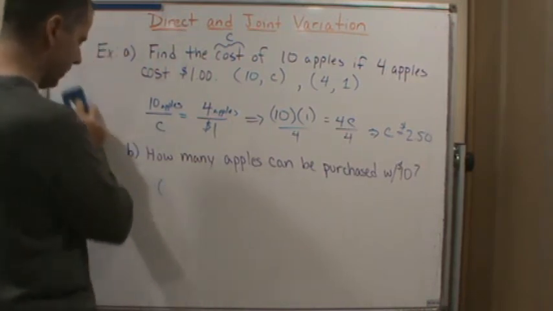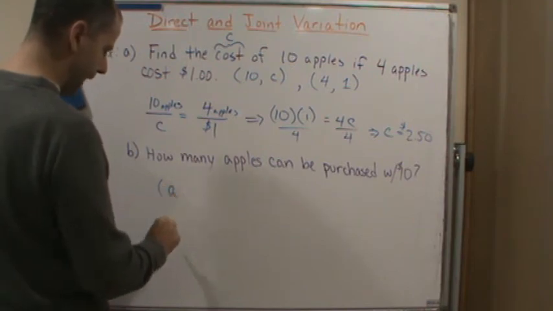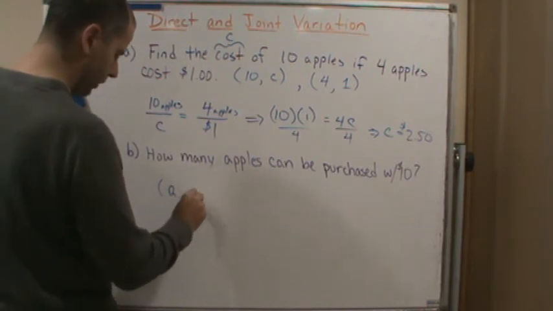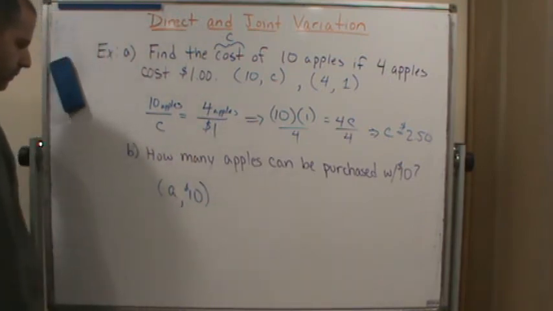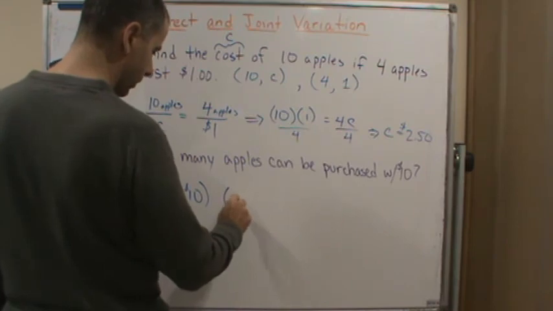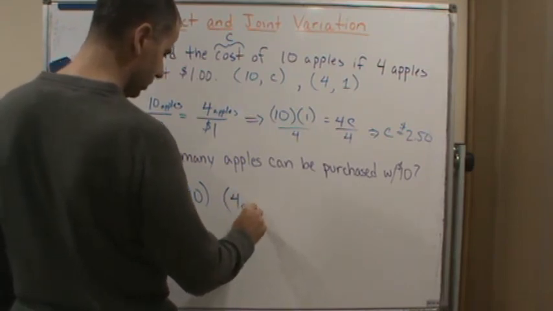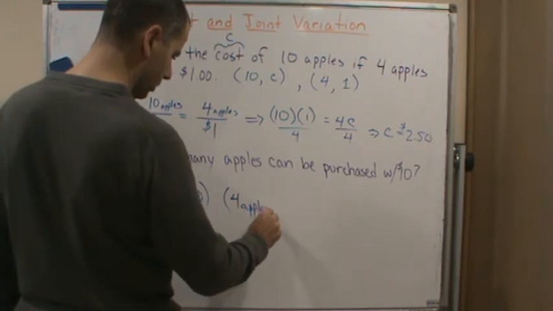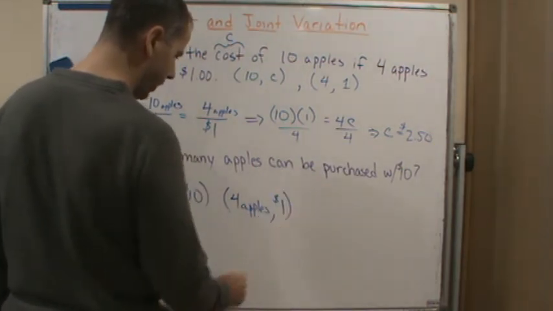Let me do it this way. I have A apples with $10, and again, I know I can get 4 apples with $1.